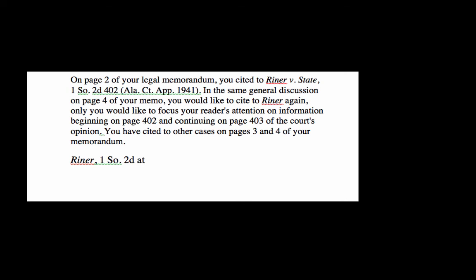So then you would say at 402 to 03, period. You can drop the first number. You keep 2 numbers like this when you're using numbers. That's how Blue Book tells you to do it. So this one would just be like that, and that's how you do the short form citation. So hopefully this is starting to make a little bit of sense. It's not taking you too long, and if you have any questions about how exactly I got these answers, please let me know.